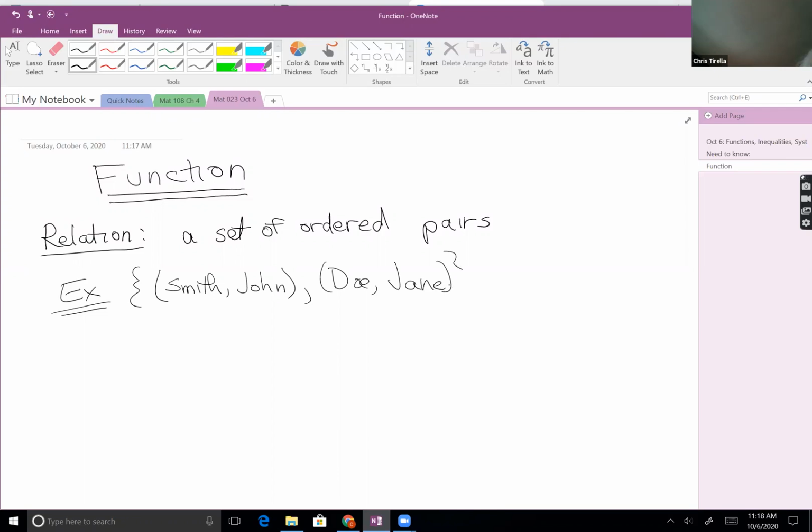And so this relation would be the set of people's last names and first names. I'm going to leave a little space because I'm going to go back and fill in a little bit more about this relation in a minute.